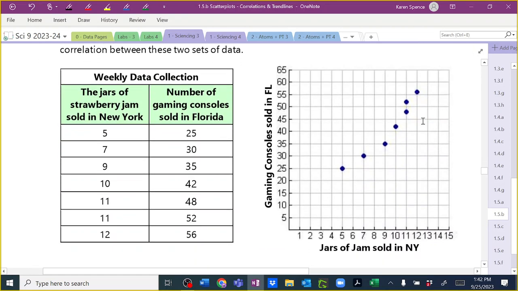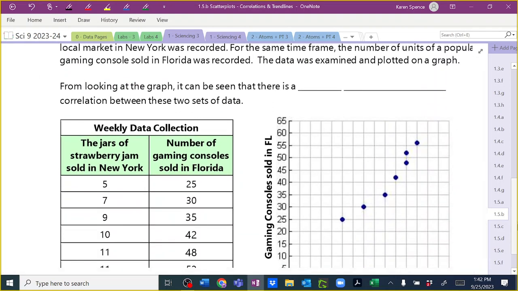If we look at our data here, what kind of correlation do we have between these two variables? Tell your partner. A blank blank correlation.